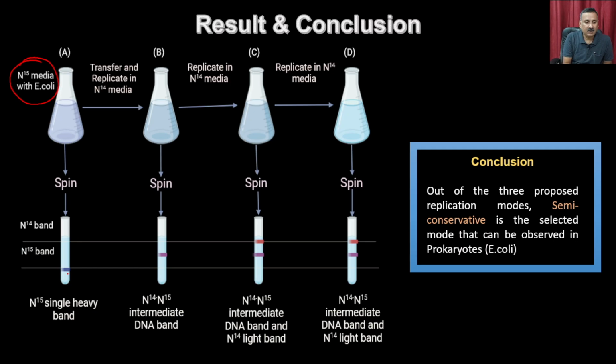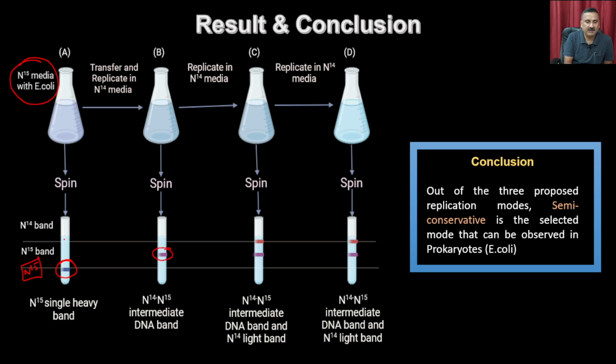When you run them onto the cesium chloride density gradient, what you will see is that it forms a separate band, and this band is for the N15. Whereas, when you transfer that into N14, you are going to have a band of intermediate density.